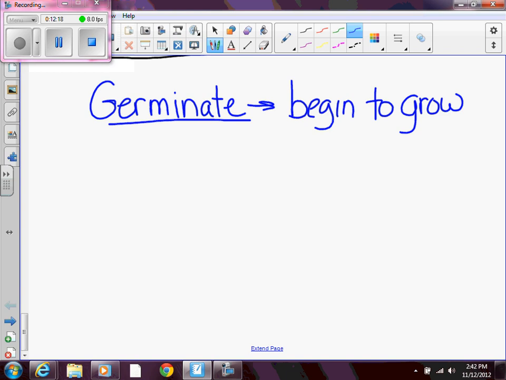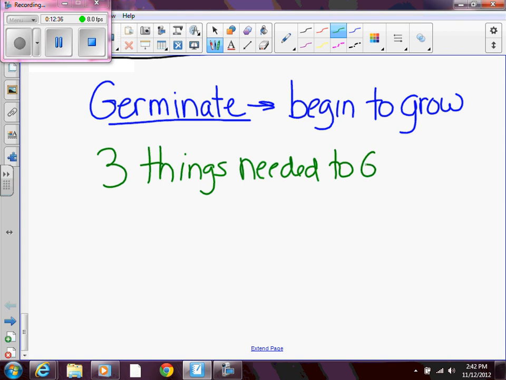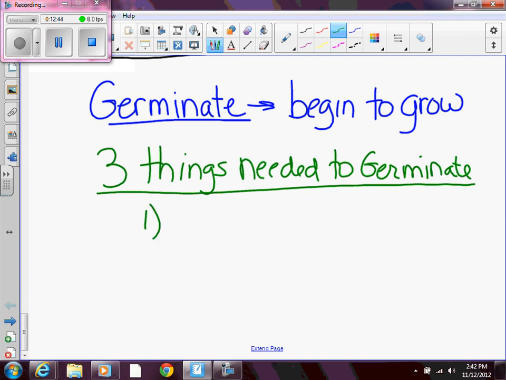And what are the three things that are very important for seeds to begin to germinate? There are three things that they need. Three things needed to germinate. What are they? First one is what? Eva? Right amount of water.